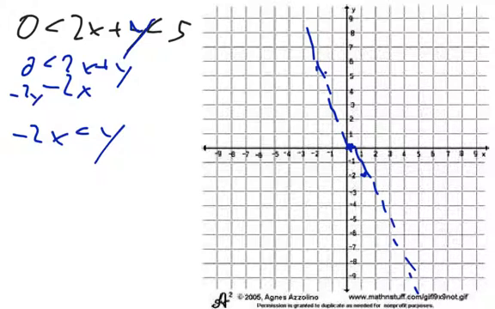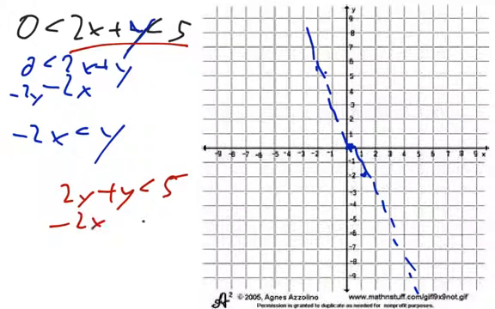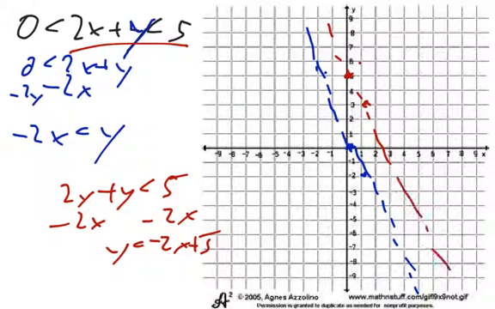Please make your line straighter and better than mine. And then for this other part, when I subtract 2x, y is less than negative 2x plus 5. Well, there's 5, there's down 2 over 1, and there's my graph.